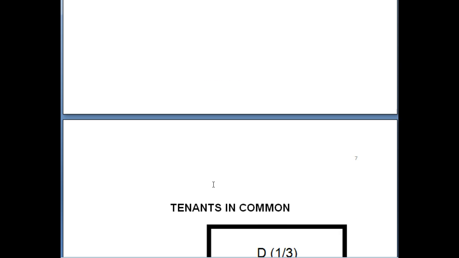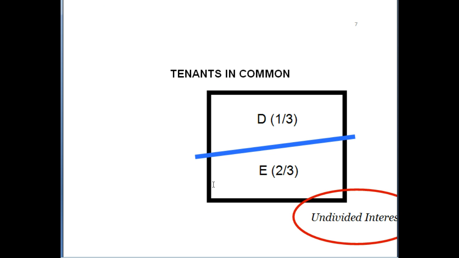So this next illustration deals with tenants in common. And you go through the same thing with undivided interest. So let's say in this illustration that we have tenants in common. If D has an undivided interest with E, we know that with a tenancy in common, either party can give away their interest to whomever they choose.